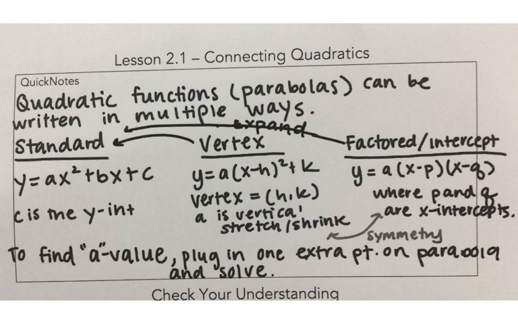What's a good form that shows you the y-intercept? Standard form. So how can I go from factored form to standard form? Distribute. If it's in factored form, distribute it, and you can get it into standard form, and you can identify the y-intercept. Right? Just switching between forms.